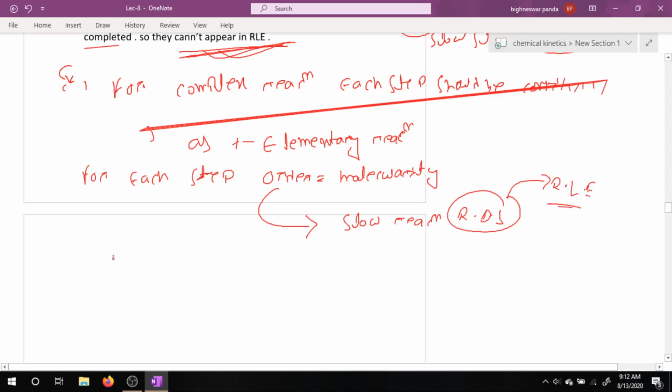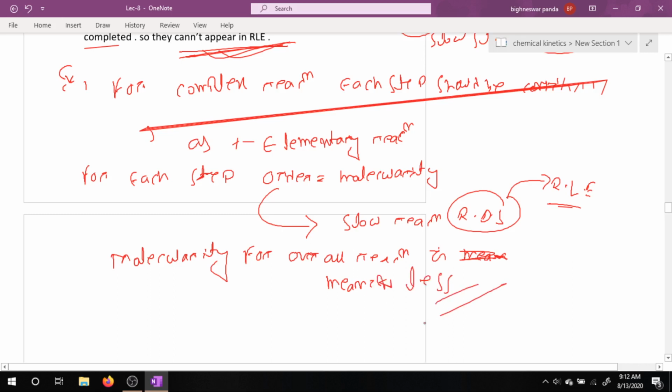But molecularity for the overall reaction is meaningless. The molecularity of our overall reaction is meaningless.